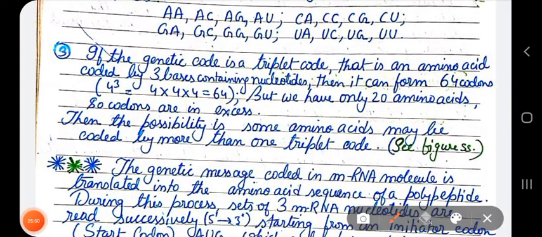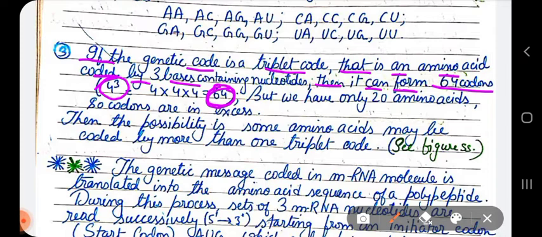Now if the genetic code is a triplet code, that is, if an amino acid is coded by three nitrogenous bases, then it can form 64 codons, as in the table that I have shown to you. As you can see, if a code consists of three nucleotides, then 64 different combinations of nucleotides can be prepared, which will code for 20 amino acids.